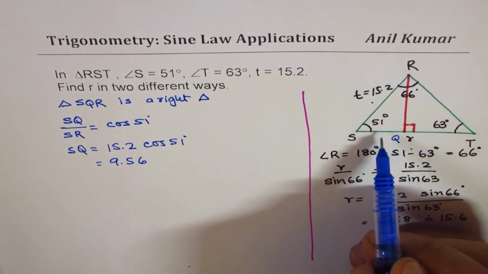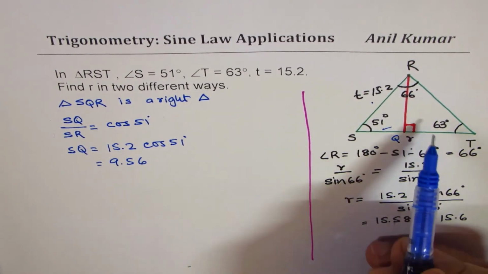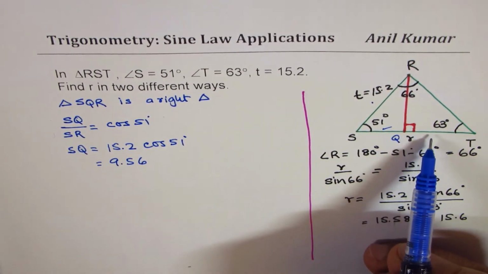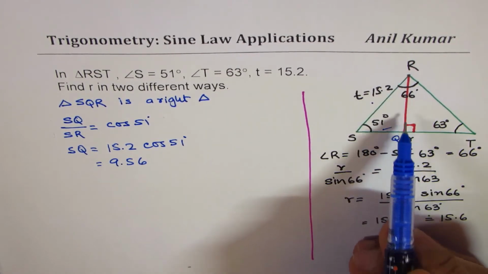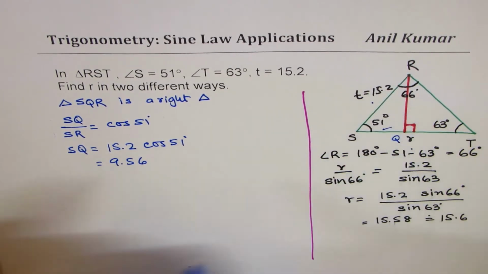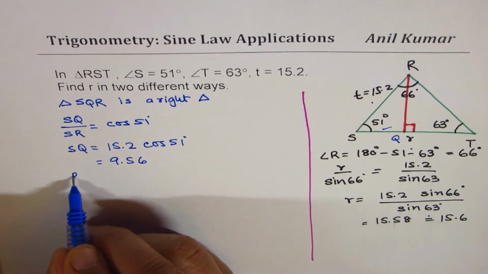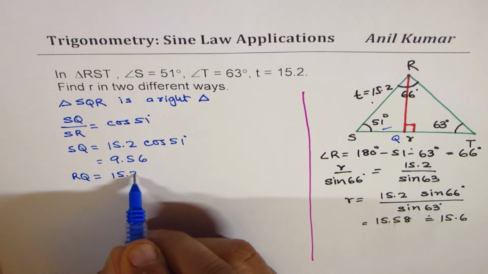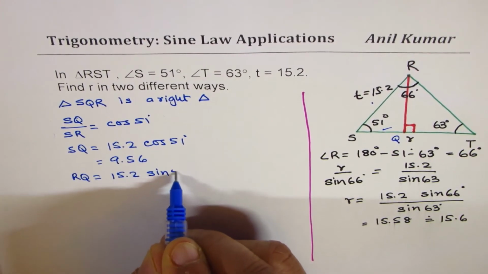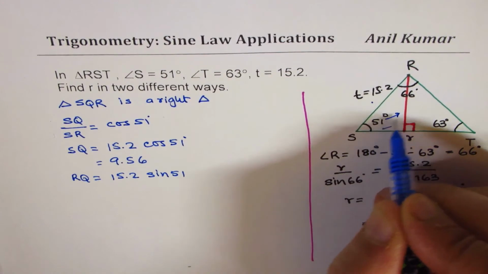Now from here, we know this side. We have to figure out what that side is. What we can do is find RQ also using sine. RQ will be equal to 15.2 times sine of 51 degrees, since that is the opposite side to 51.